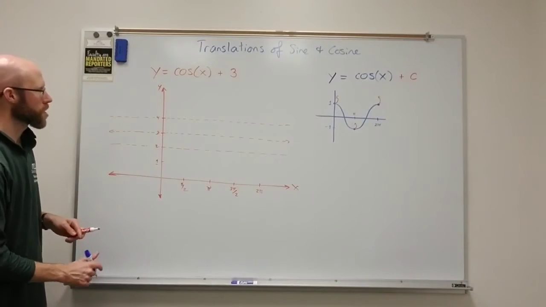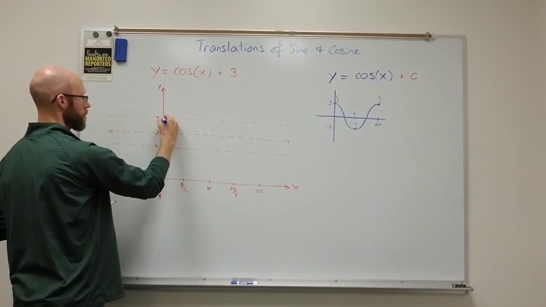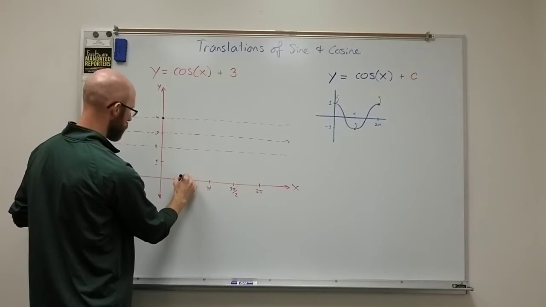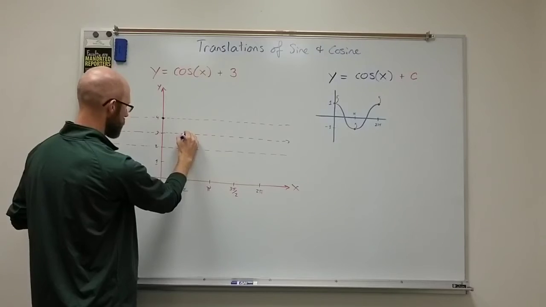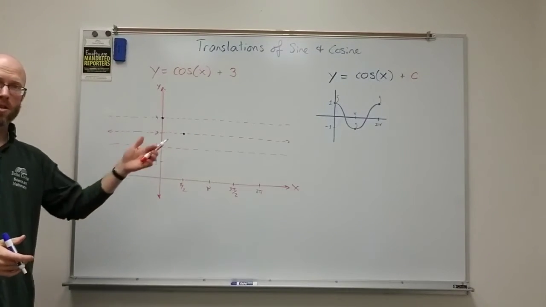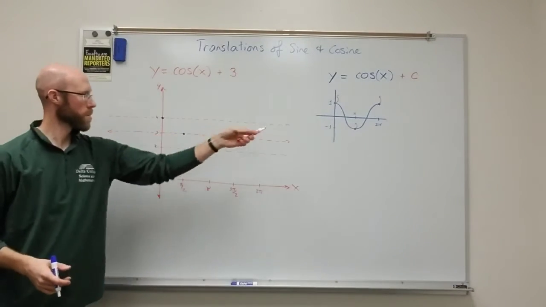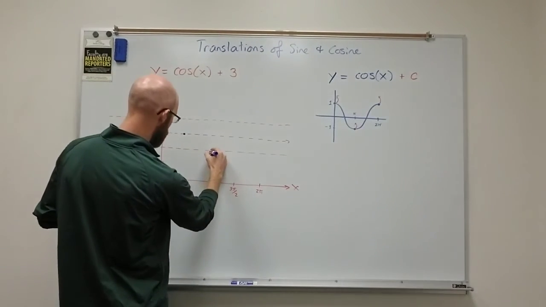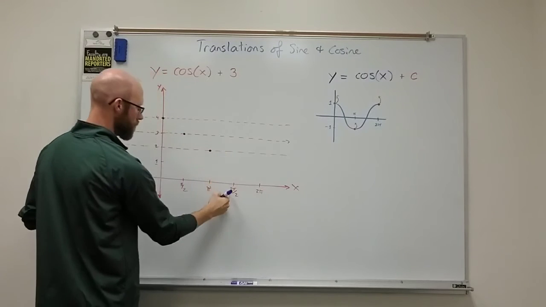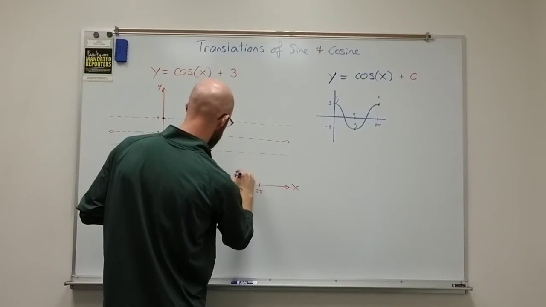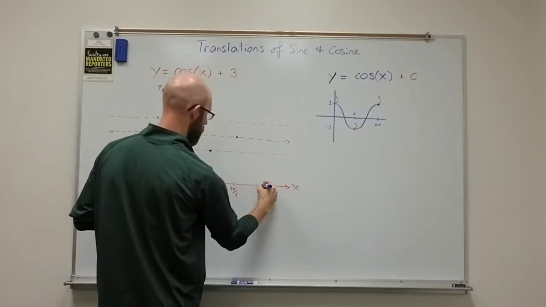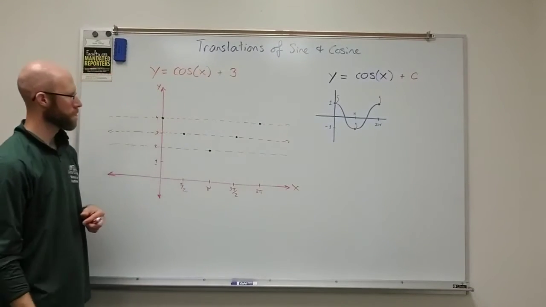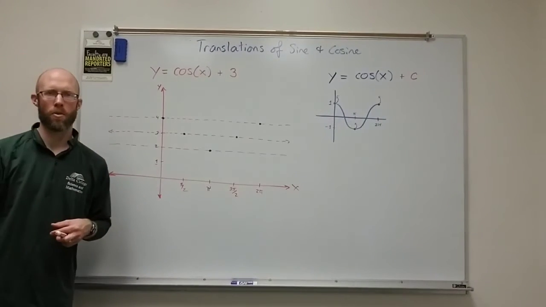Again, we start at the max with the cosine. Then at the first quarter point we'll be at the axis. It's not the x-axis anymore, it's just the horizontal axis in the middle. Then at the halfway point, we're down to the minimum. Then we go back up to the axis at the 3/4 point, and at the full period, we're all the way back up to the top. Hoping those line up pretty well.